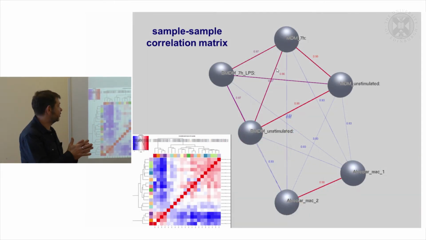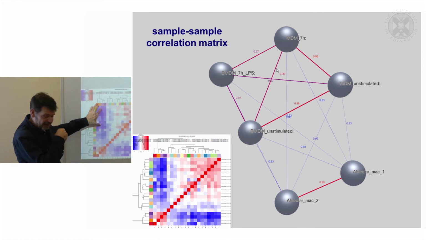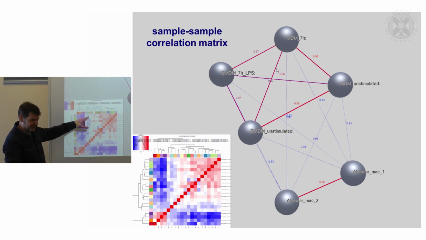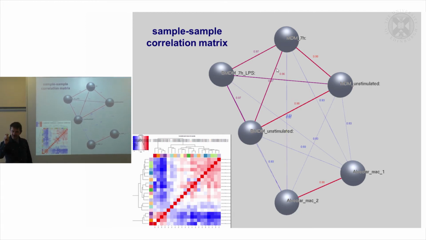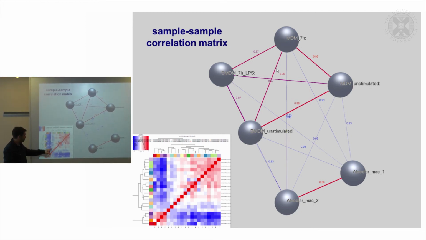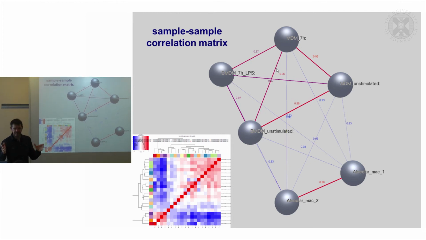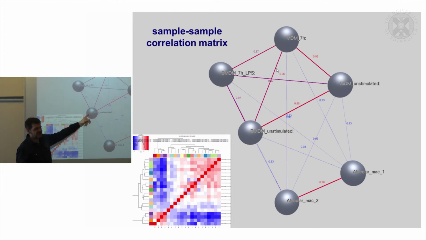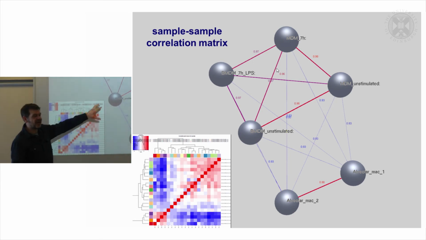So I much prefer now another way of looking at relationships between samples. You'll often see these heat maps, where you take each sample and make a correlation analysis between them, and samples which are correlated are red and those which are not are blue, very common. You can actually turn that into a graph. Rather than looking at all relationships, you just look at the high relationships.